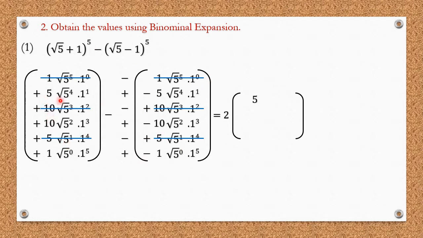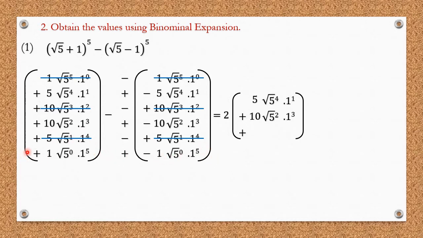terms are 5 into root 5 raised to 4 into 1 raised to 1, 10 root 5 raised to 2 into 1 raised to 3, 1 root 5 raised to 0, 1 raised to 5. And if you see, the same three terms are also here. That means this and this will be added. Similarly, this term has been repeated twice, this term also has been repeated twice, this term is also here.